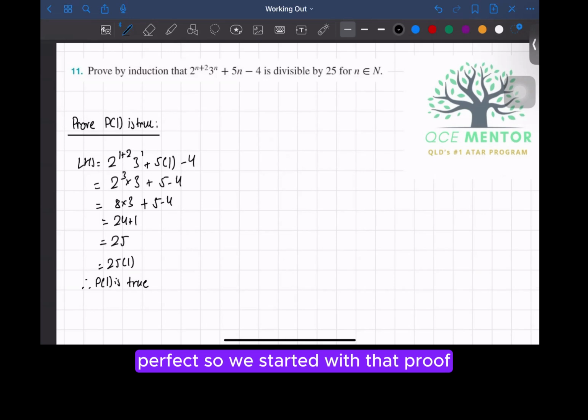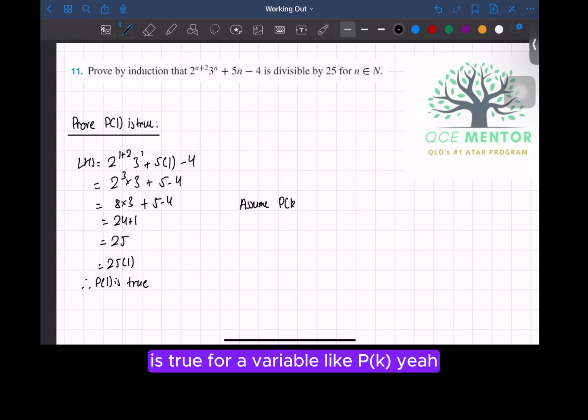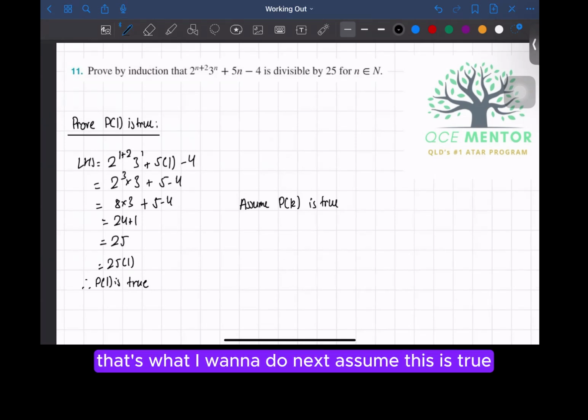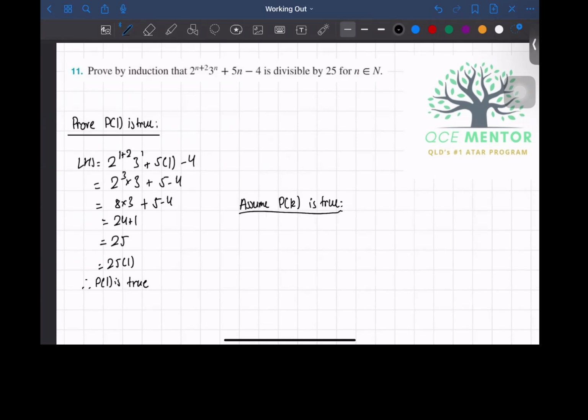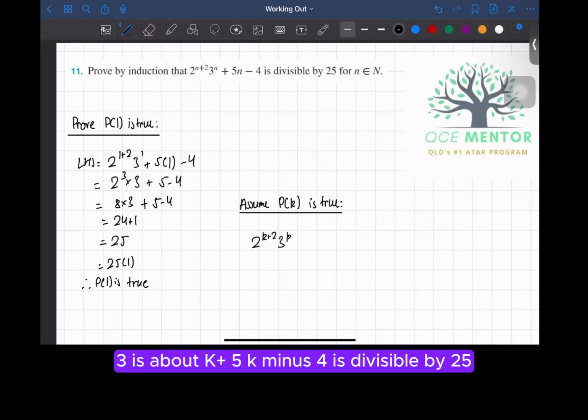Perfect, so we've started with that proof. The next part of mathematical induction is to assume that the function is true for a variable like PK. Assume this is true. So we know that 2 to the power of k plus 2, times 3 to the power of k, plus 5k minus 4 is divisible by 25.